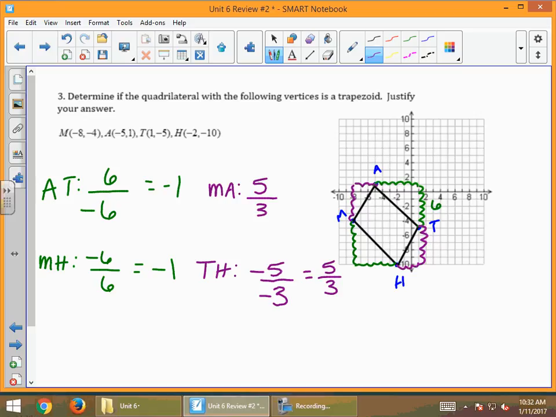So can this be a trapezoid? No. You can only have one set of sides that have the same slope. The other set has to have different slopes. So what is this then? It's a parallelogram. So no, it's not a trapezoid. Not a trapezoid. Because it's a parallelogram.